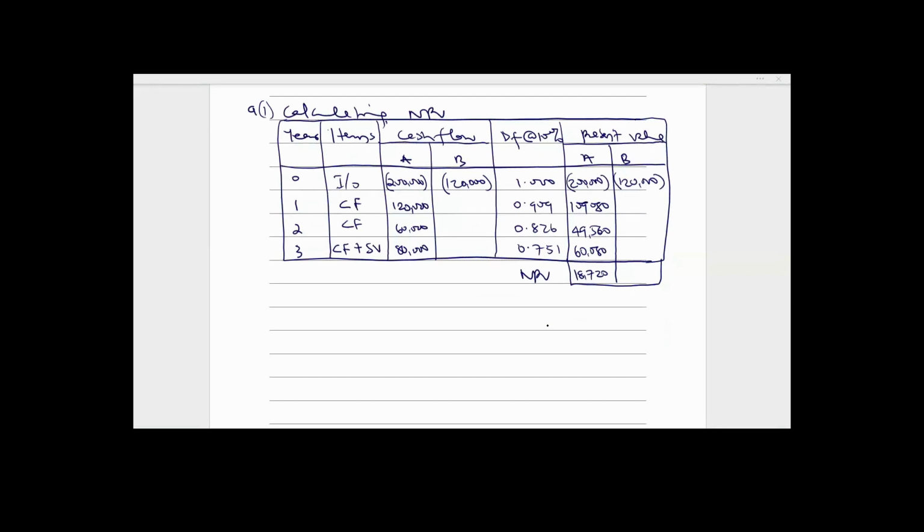Discount factor is calculated as 1 plus discount rate raised to power minus n. So which is equal to 1.1 raised to power minus 1. So this will give you 0.909. Okay?